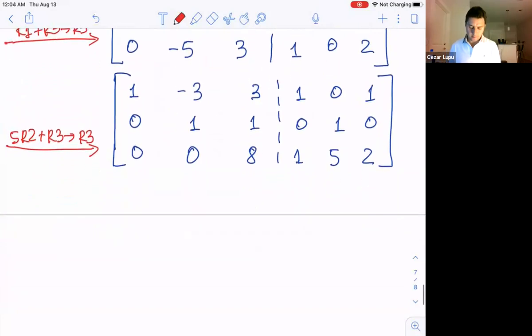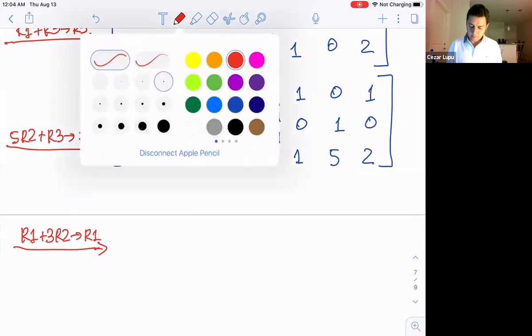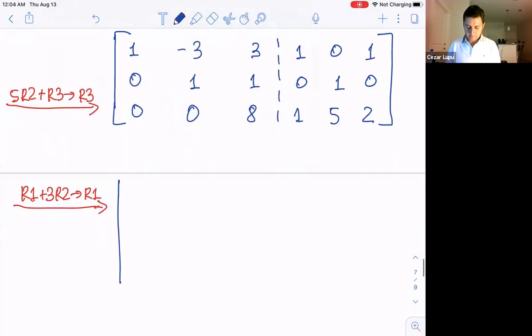So we said second row by 3, so R1 plus 3R2 will become my new R1. Okay, let's see this.